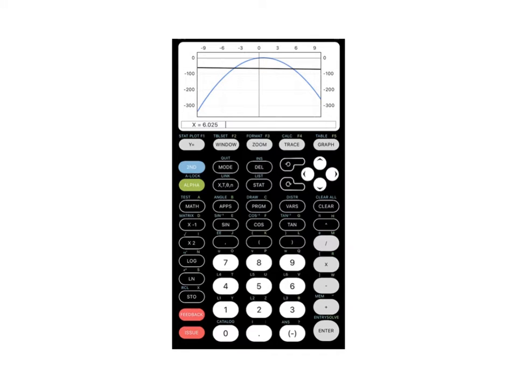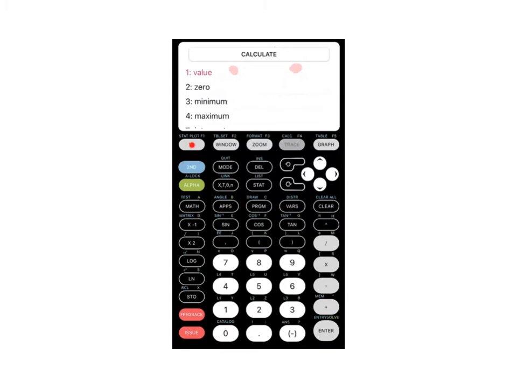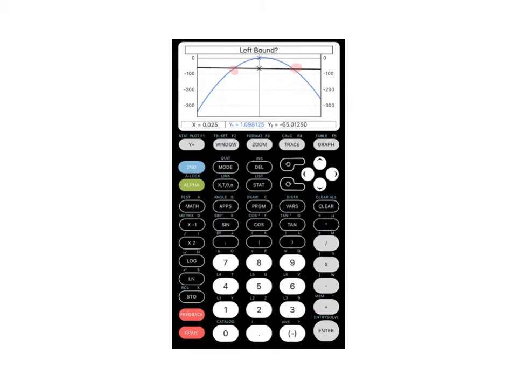Okay, so we can see the quadratic here is in blue, and our linear is in black. So we can see that the blue and the black are actually intersecting each other 2 times. So to find that intersection, we're going to go to second trace, and if we arrow down, 5 is the intersection, so select 5.